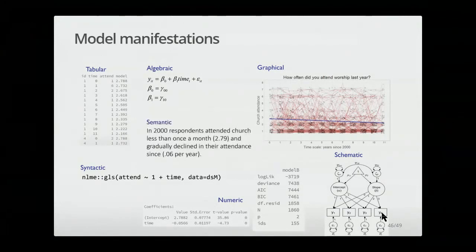Finally, we can simplify the patterns in the data by simply transcribing it into human language, and that's also highly valuable. We can describe what's happening: in 2000 respondents attended church less than once a month, so the value on that scale is 2.79, and they gradually declined in their attendance ever since by about 0.06 per year.